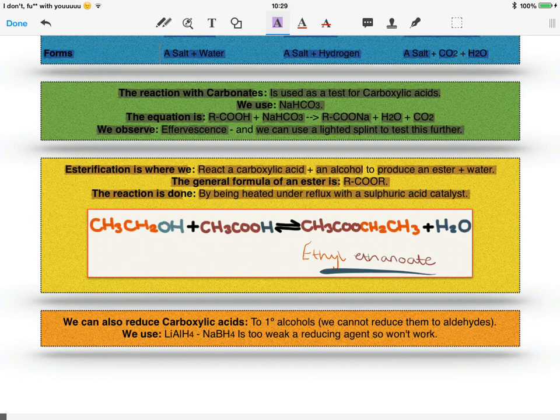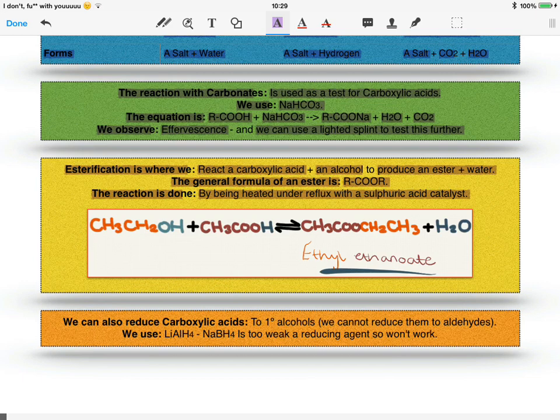So we've got ethanol reacting with ethanoic acid to produce ethyl ethanoate plus H2O. So the alkyl group is in orange, and that comes from the alcohol. But if you're not given the alcohol, you can just think, well, what's only attached to one oxygen, and that's the ethyl.